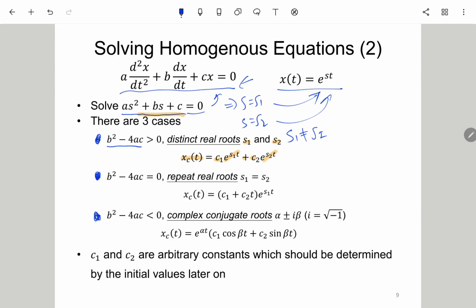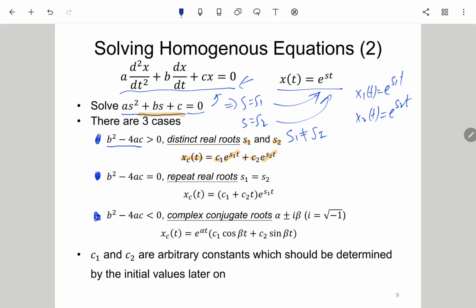Plugging in, x1(t) equals exponential s1t and x2(t) equals exponential s2t are two functions that satisfy the original homogeneous equation.